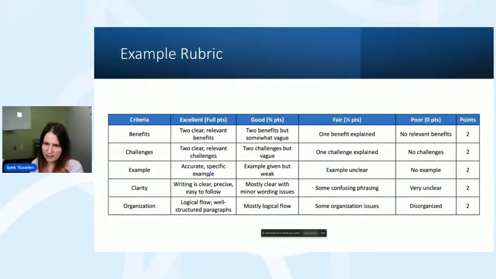I enter this into a Canvas rubric and very simply grade my students' exams. All I do is click a button. I click this, that, like that, and it automatically calculates the points and sums them up. So it's very fair, very quick grading. It helps me, especially with a lot of students.